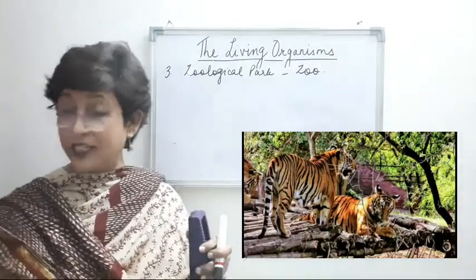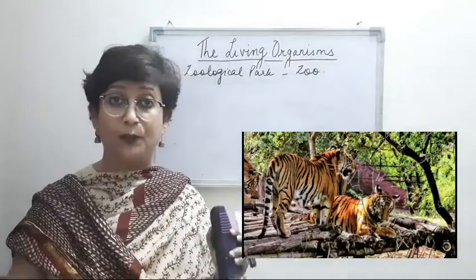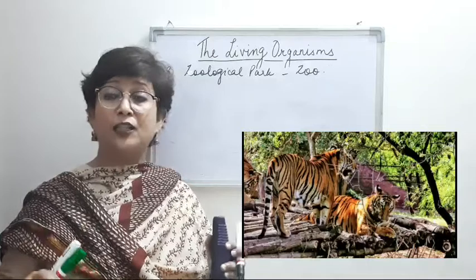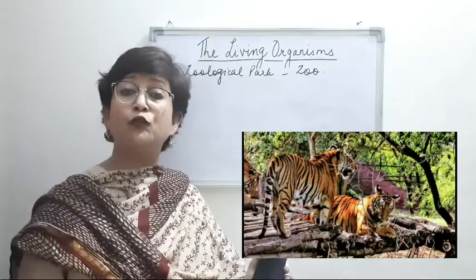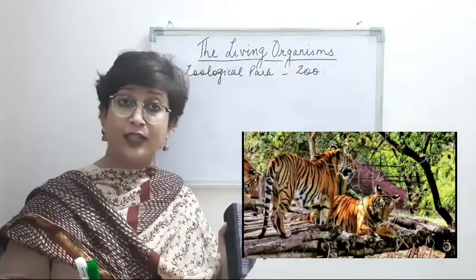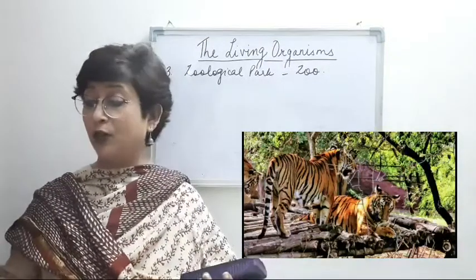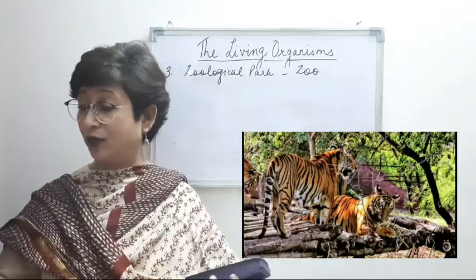So basically zoo is for the scientific purpose also. A lot of research and studies is done over there. The breeding habits are noted, what kind of food these organisms eat, that is studied. All these things are researched and worked upon in the zoo.